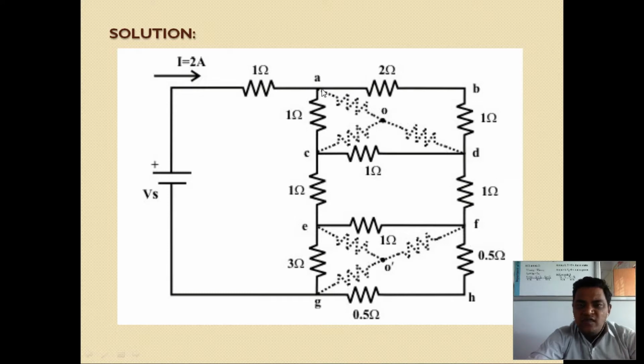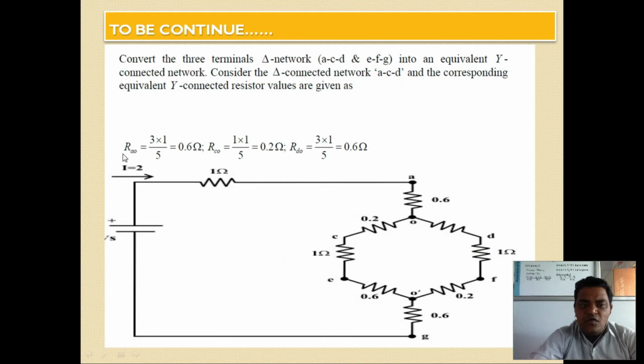Here we have to calculate R of AO, R of OD and R of OC. For R of AO, it is 3 into 1 upon the total resistance.